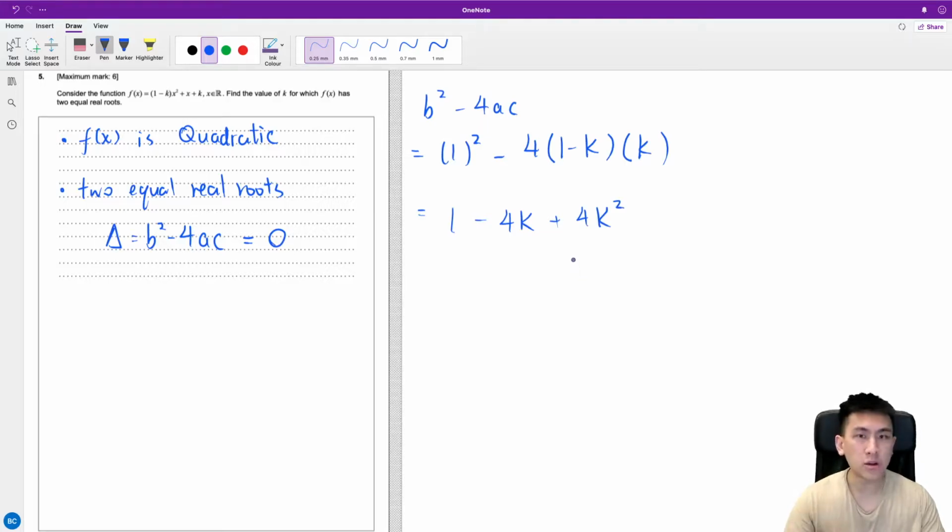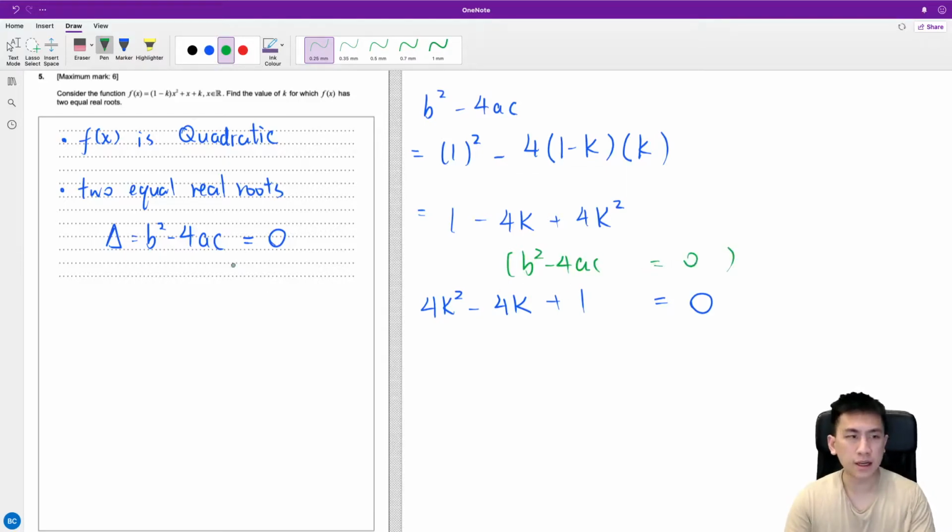Okay, then we need that to be equal to 0, right? So then we do another equation. So 4k squared minus 4k plus 1, I'm just rearranging this, will have to be 0, right? If you want, you can add another line here, b squared minus 4ac equals 0. But I mean, that's fine. We already set it here, right?